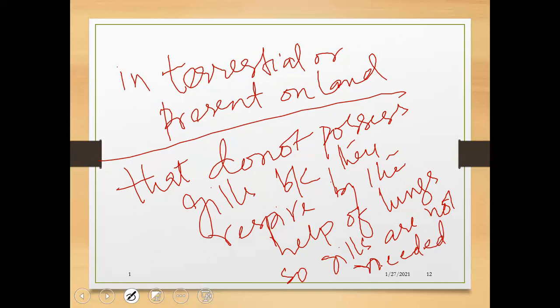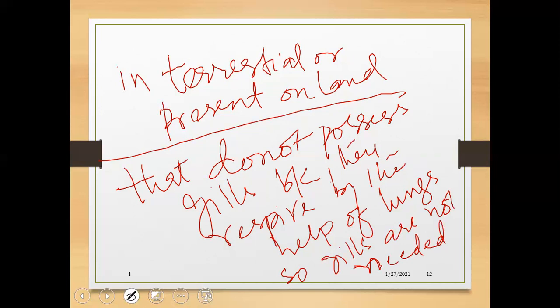Terrestrial organisms are those present on land, like human beings, cats, dogs, elephants, monkeys. These are all terrestrial organisms, while fish are aquatic.